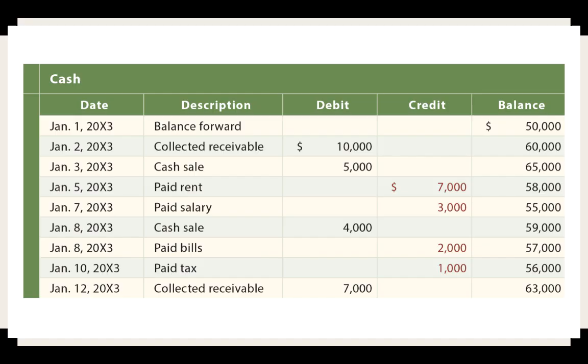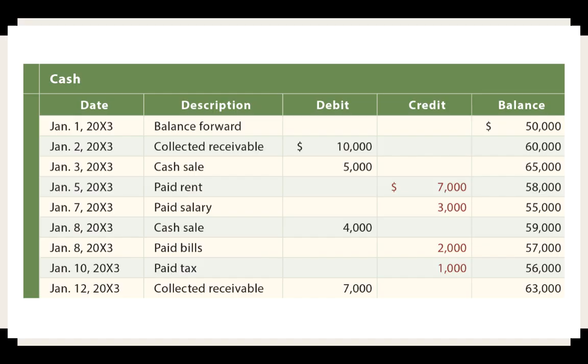So our debits are going to be money coming in. Here we collected, say, accounts receivable. We collected $10,000. We sold something for $5,000 and $4,000. Then we've got expenses or credits on the other side, highlighted in kind of a reddish maroon, right? If we're in the red, we're losing money.